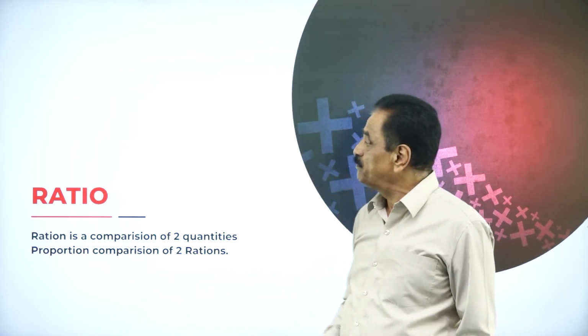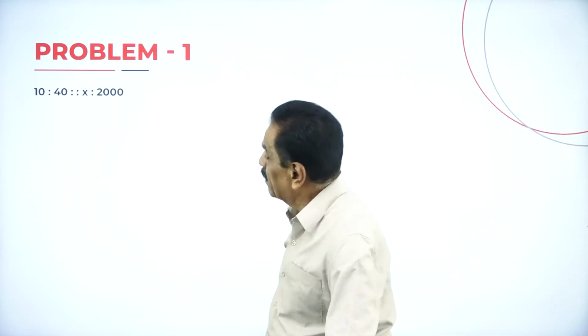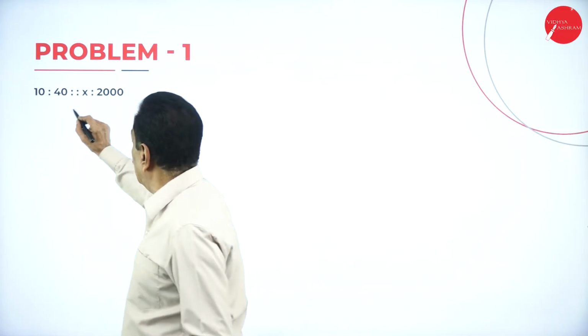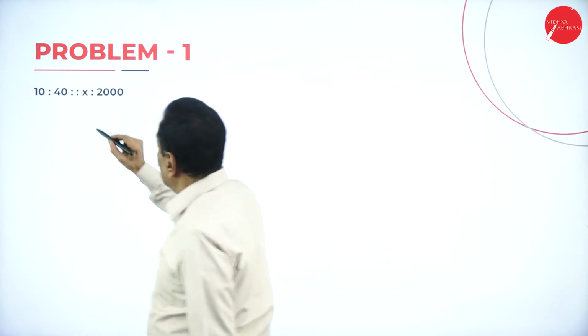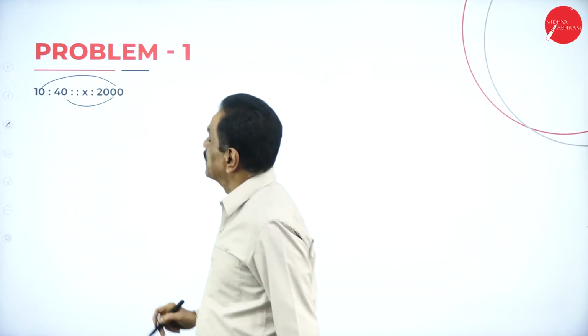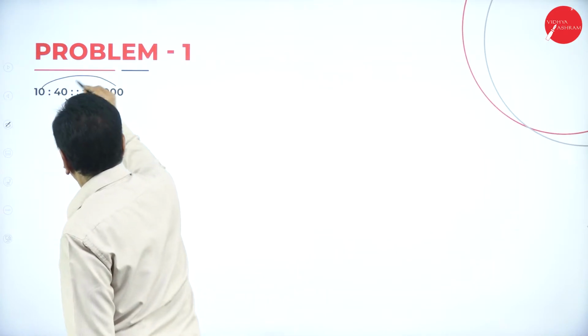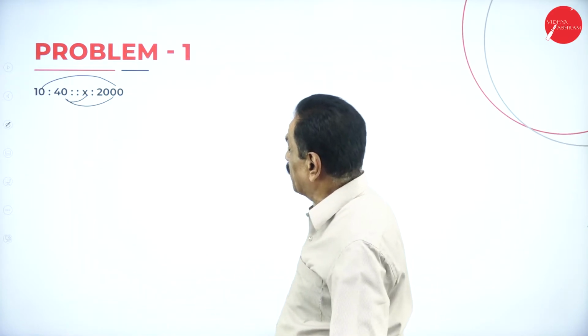We'll move on to the problem now. First problem: 10:40 is to x is to 2000. So what does the problem say? First and last, second and third. That is the procedure.